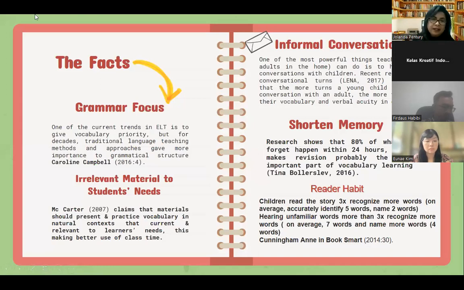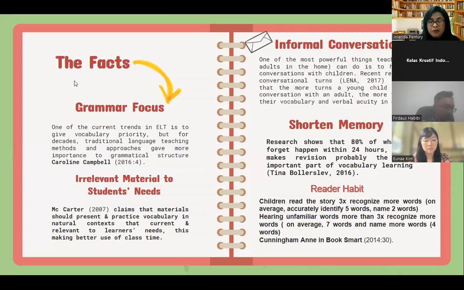The first one is grammar focus, and the second one is irrelevant material to the student's needs and informal conversation. The next one is short-term memory. Research shows that 80% of what we forget happens within 24 hours, which makes revision probably the most important part of vocabulary learning. It means that we have to review or repeat again and again.